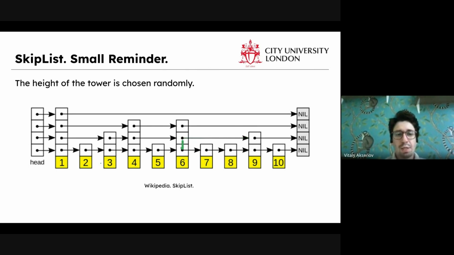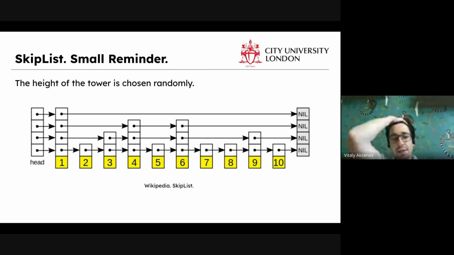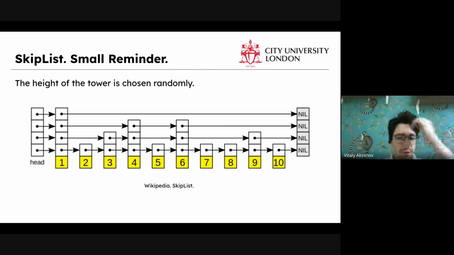So we go down and we find 7. Okay, great. And it is proven that given this random structure, your expected search time is logarithmic n. I hope everyone knows that.